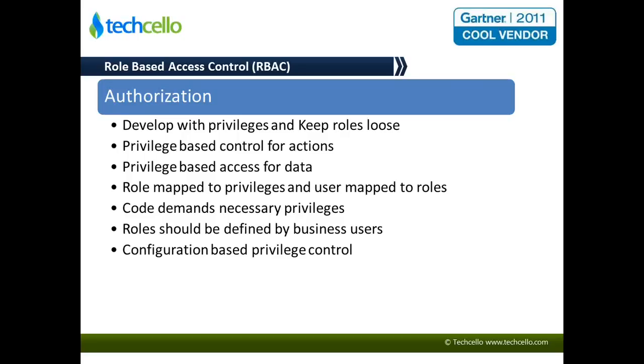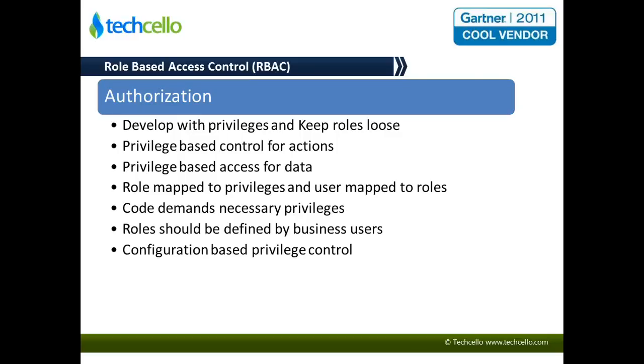So the best thing to do here is to go for granular privilege-based controls, which means you break your system into features, and then the features you could further break down into privileges. For example, if you are building a CRM and you have a customer management page or a customer management action, you could break your privileges into add customer, edit customer, and so on, which is more granular in nature.